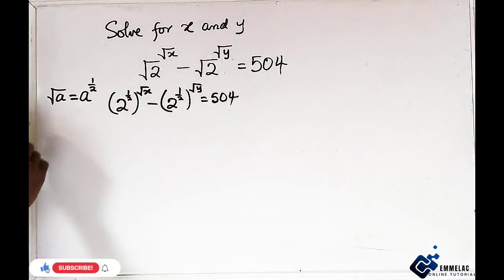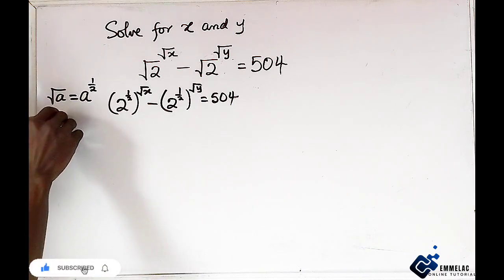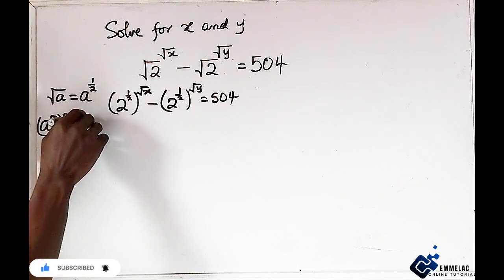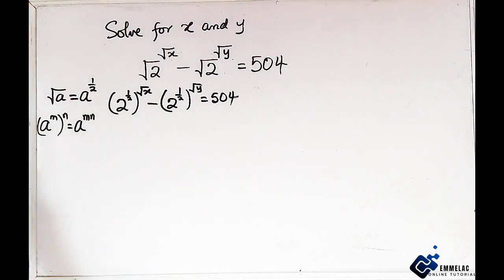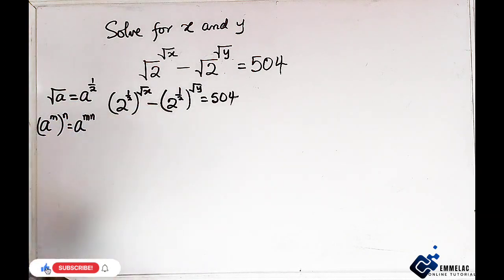Now also recall that if you have a raised to the power of m, raised to the power of n, it will give us a raised to the power of the product of the exponents m and n. If this is true, we can apply it to the left hand side of the equation.